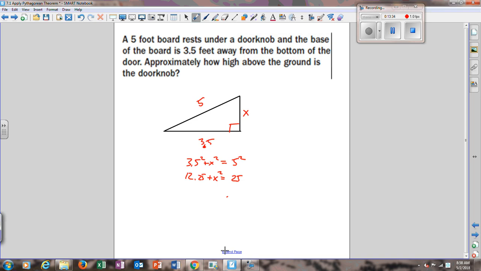Subtract that, you get x squared equals 12.75. And then just take the square root of both sides. You get about x equals about 3.6 feet. They're all pretty straightforward.